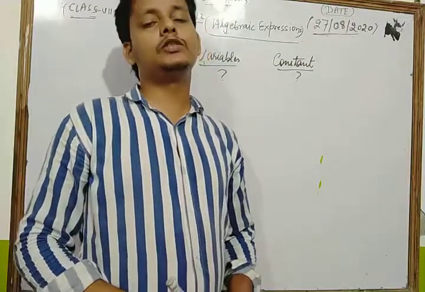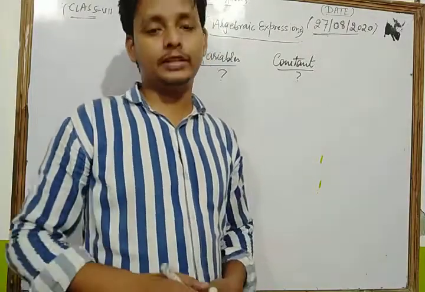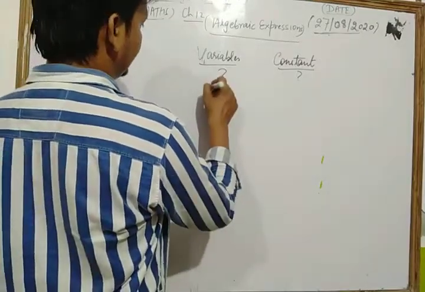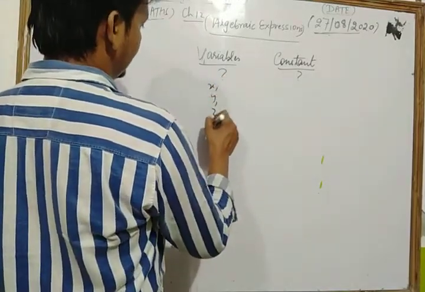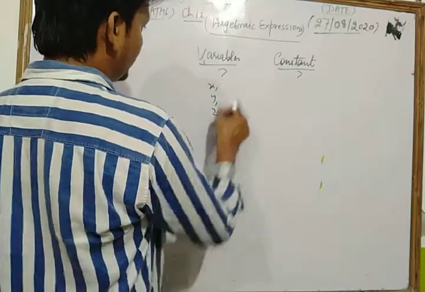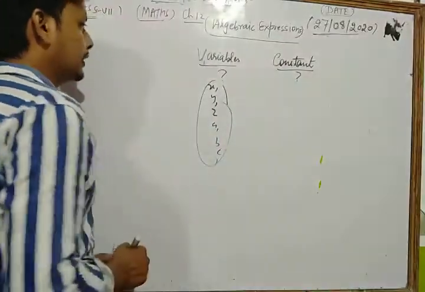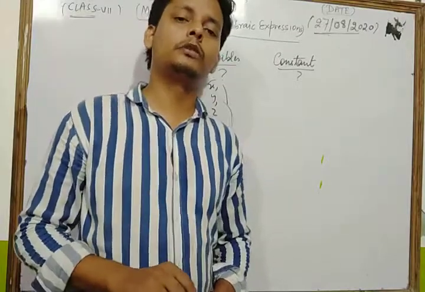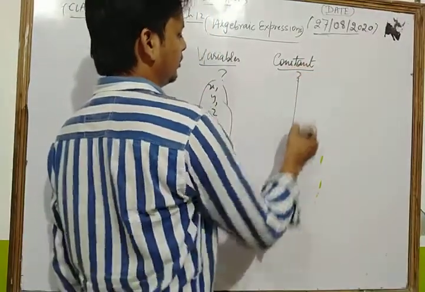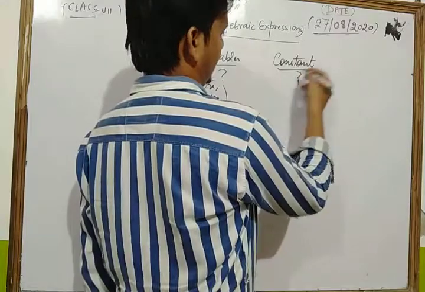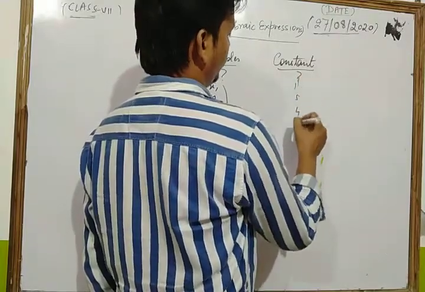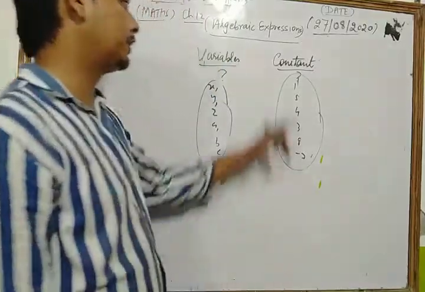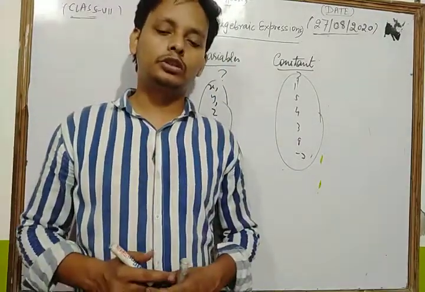Dear student, what is a variable? A variable is something which is not a fixed value. Any letter like x, y, z, a, b, c is a variable. Variable means the value of that quantity is not fixed, and constant means all numbers, all counting numbers like 1, 5, 4, 3, 8, -7, are said to be constants, which are fixed.